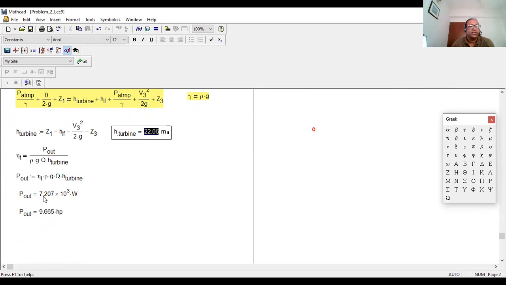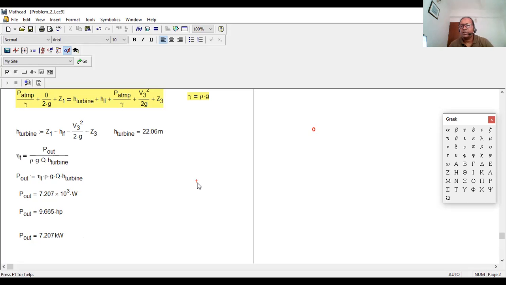So we are getting 72.07, not kilowatt, this one is in watt. I converted it into horsepower, it is this much, but still you can figure it out in terms of kilowatt. So if I change the unit, it gives me the result in terms of kilowatt.